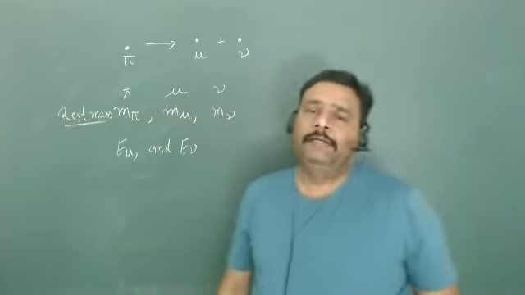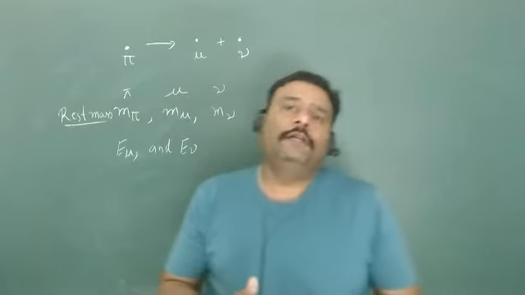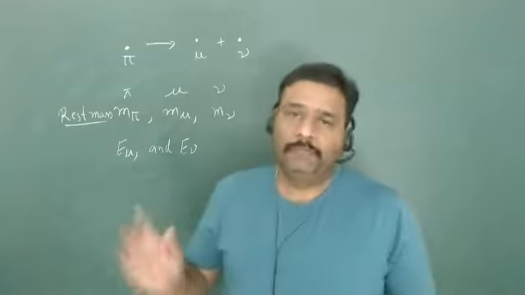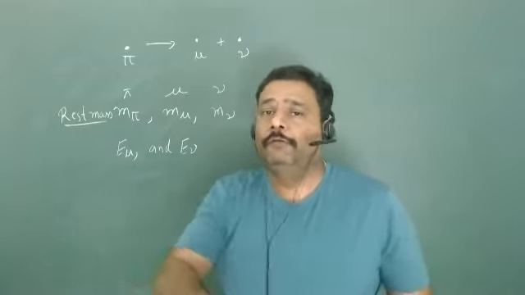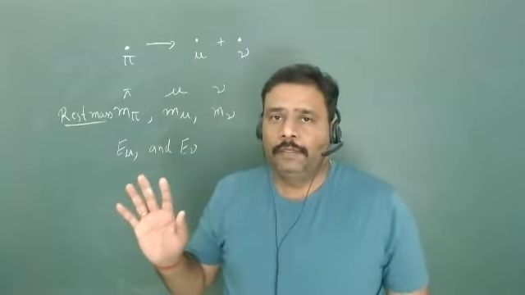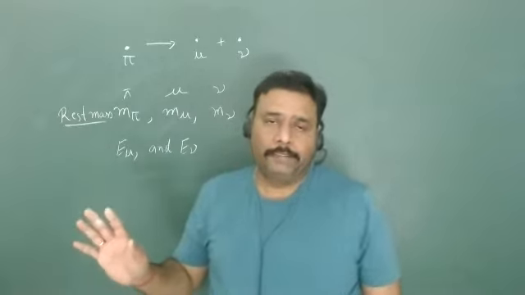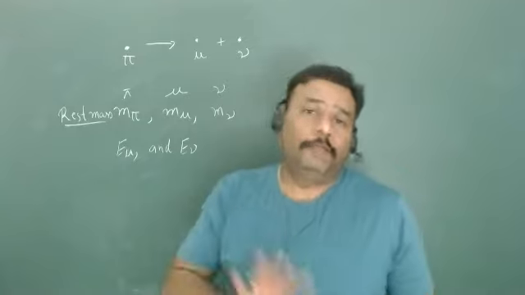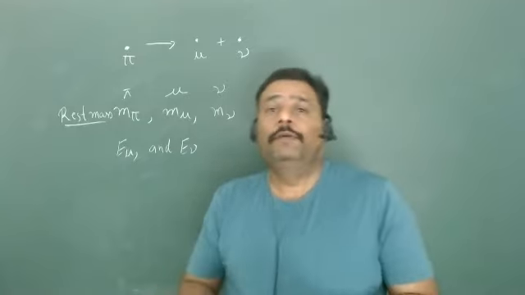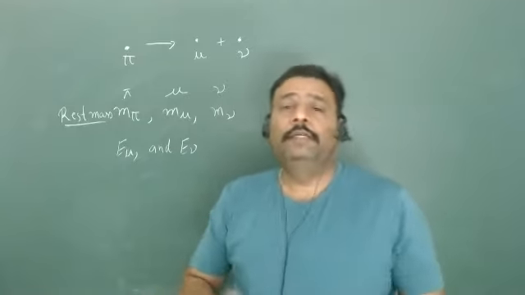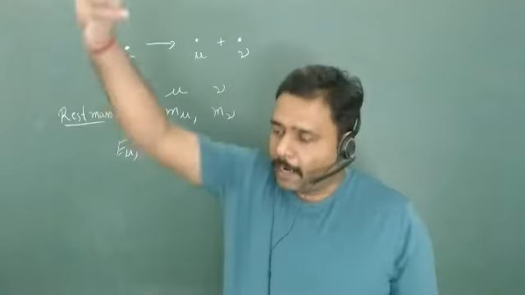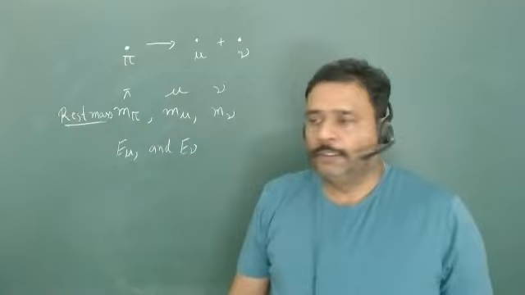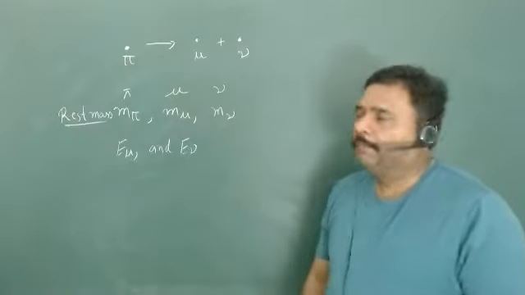Always keep in mind that the number of unknown variables and the number of equations must be the same. Then only you can solve for a unique solution. Otherwise it will be very complicated. So keep in mind the number of known and unknown variables, and how many equations you are making. So let's try to do this problem.